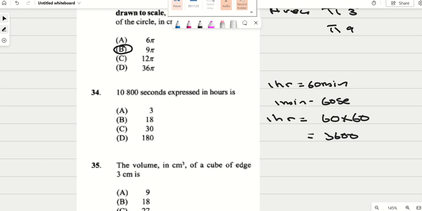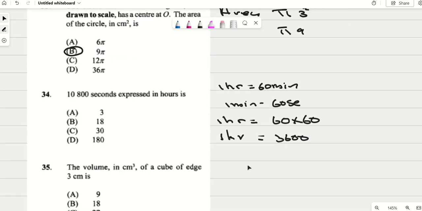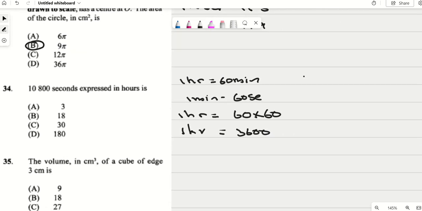So if 1 hour is 3,600 seconds, then they want to know how much. So we'll just do the opposite, right? We want to know hours. If 3,600 seconds is equal to 1 hour, then 1 second would be 1 over 3,600.